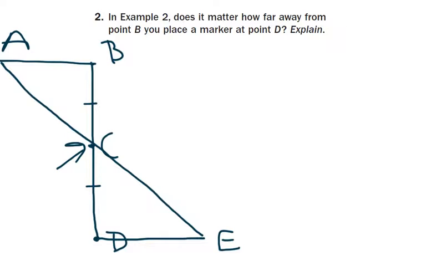So that's really the only thing important, is that you go far enough so that C is on dry land.